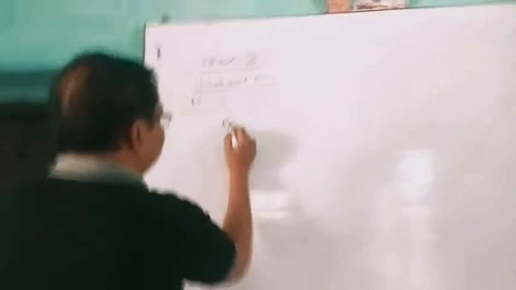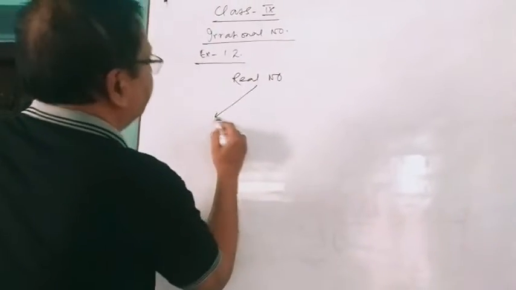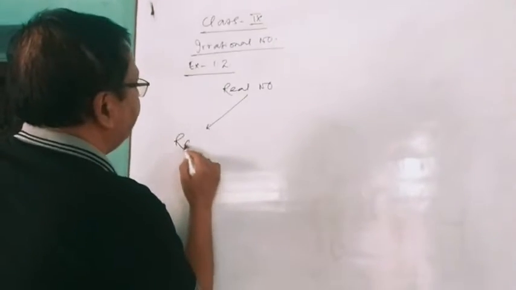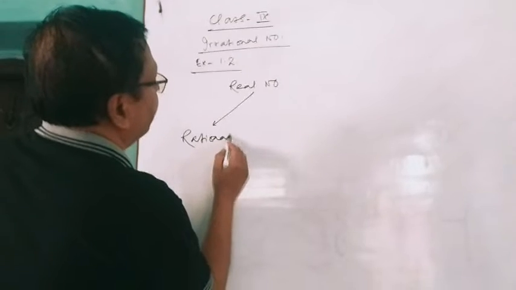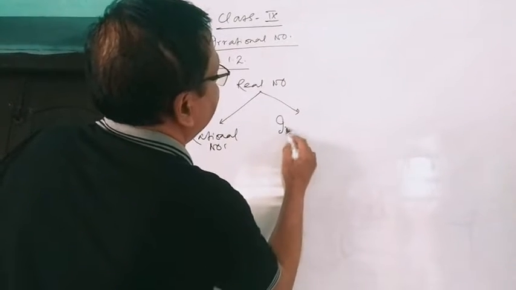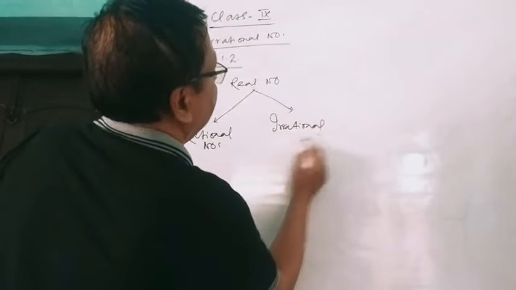So once again, let me classify the things like this. Real number, see the classification: rational number, irrational number.